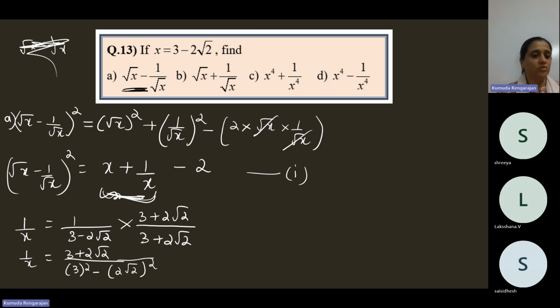Root x minus 1 by root x the whole square is equal to root x plus 1 by root x the whole square is equal to x plus 1 by x plus 2. It's an equation. So we find the value of x plus 1 by x, and that is 6. You have written x plus 1 by x the whole square is 6 plus 2. Continuity, that's why you had asked me that doubt. The presentation is incorrect.